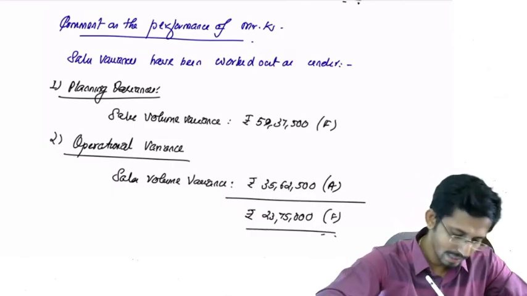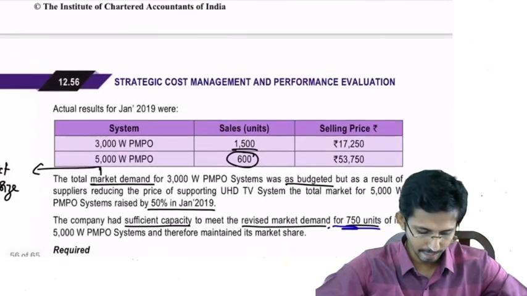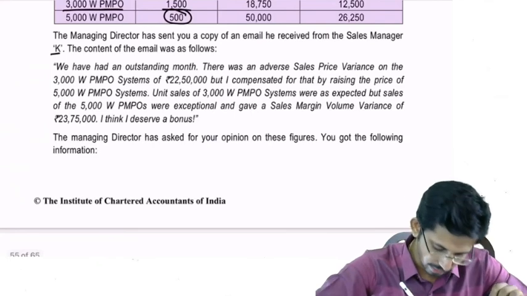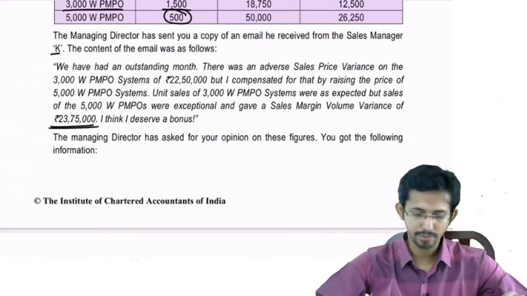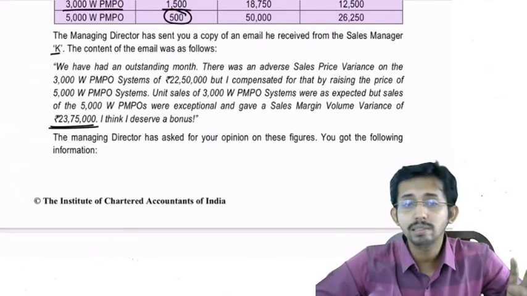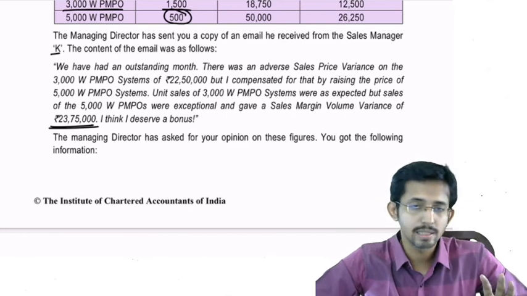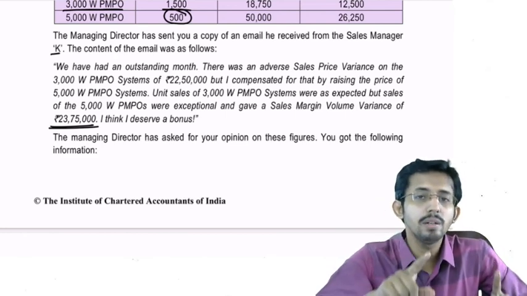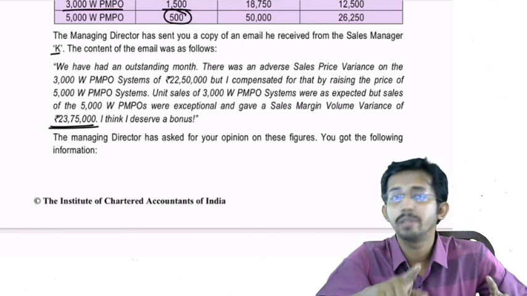Okay, this is what he referred to in his email. As far as Mr. K is concerned, he made a favorable net variance of 23 lakh 75,000.